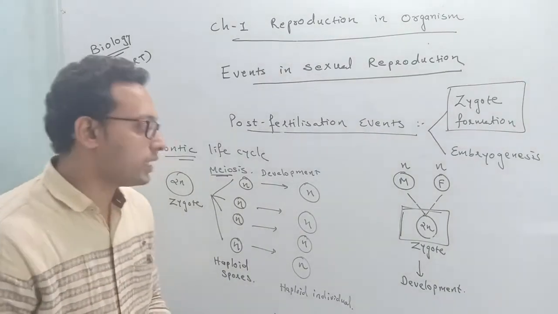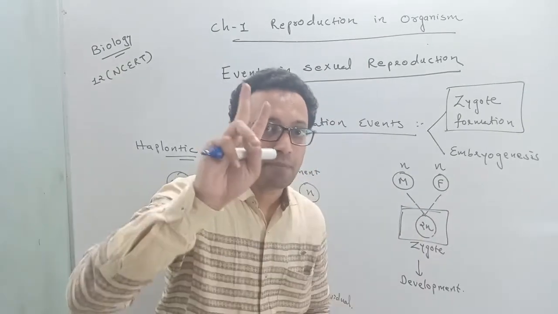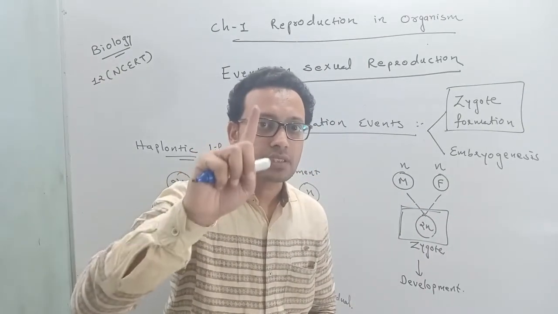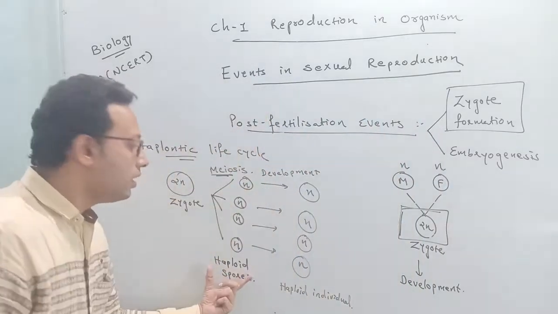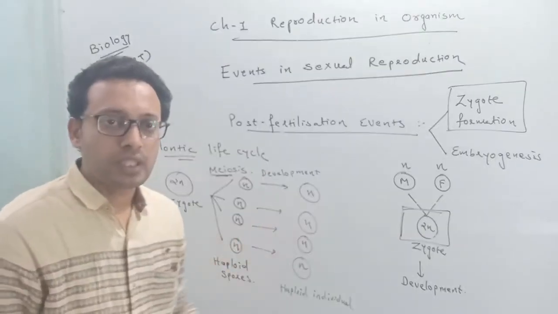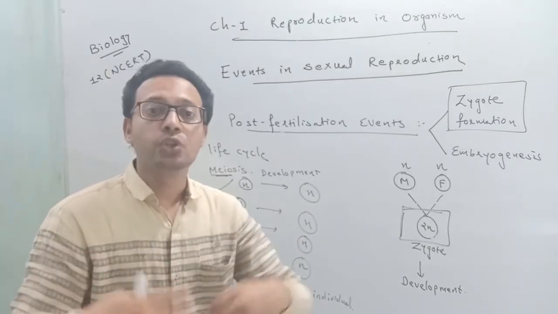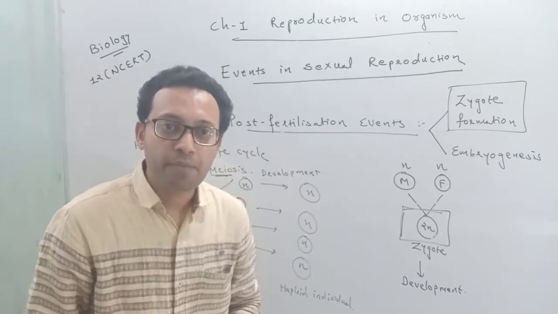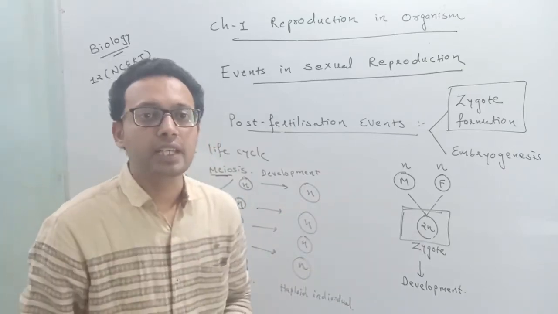Ultimately, once the zygote formation occurs, the further development depends on two factors. First, the life cycle of an organism: some organisms do it one way, those with a diplontic life cycle do it another way, and those with a haplodiplontic life cycle do it in yet another way, as we learned in 11th science.